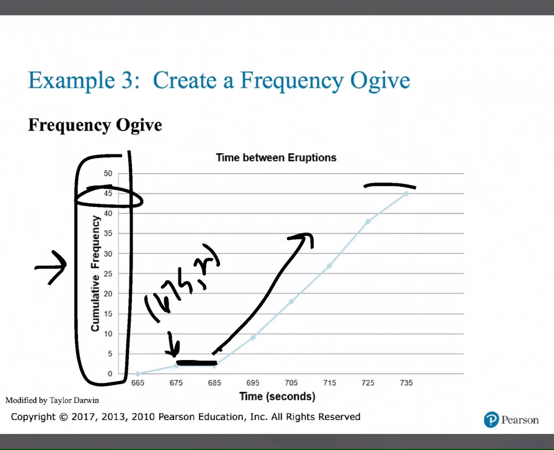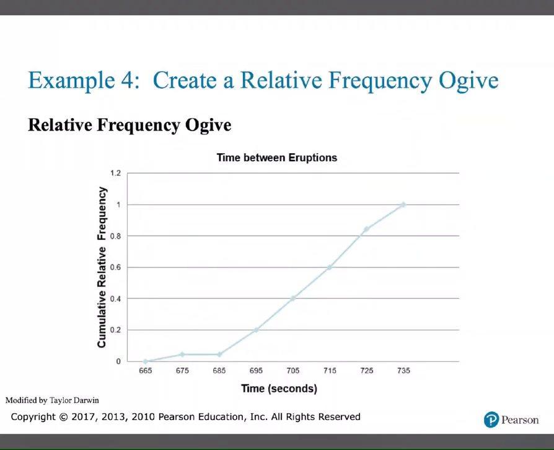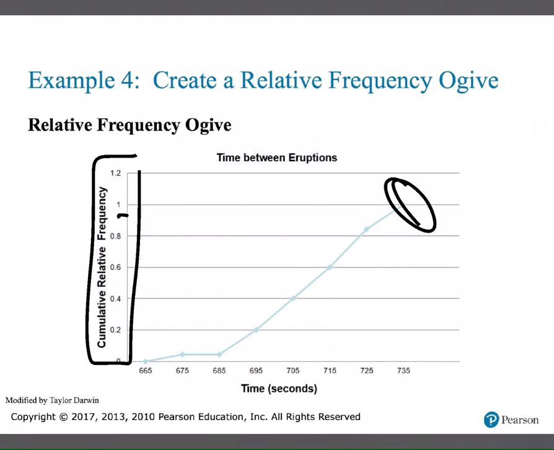We had 45 observations. You should end with the total amount of observations that you had. Same with relative frequency. We're using the data that we created, and you should always end with 1, and you should always either be going straight, right, if there was no growth, or you should be going up. You should never be going down, or you accumulated incorrectly.